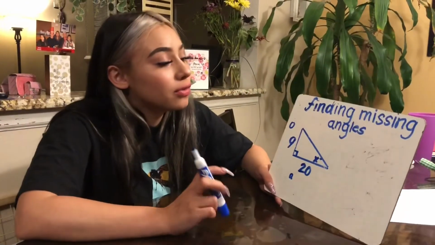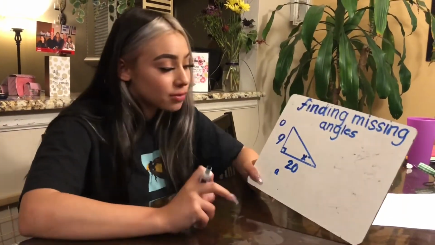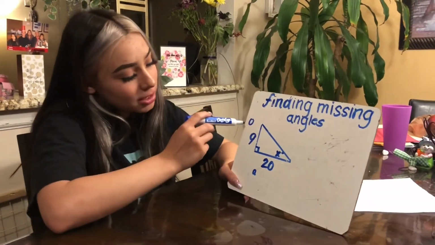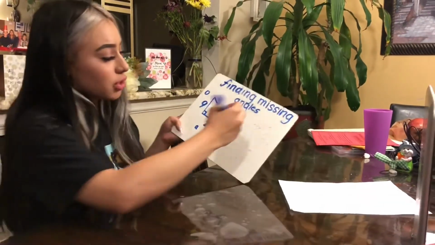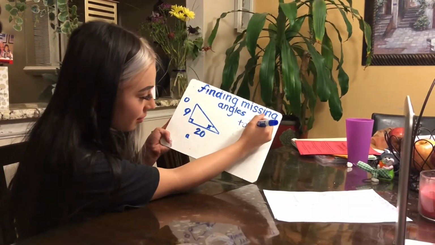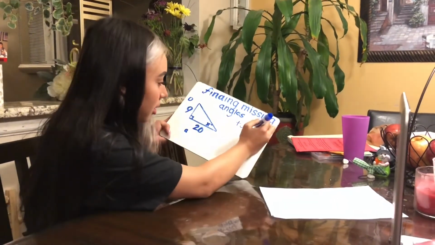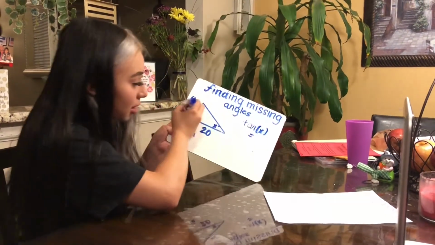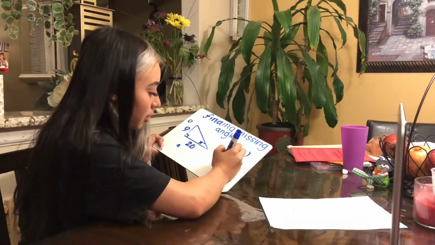Okay, so for finding the missing angles, you have to identify the sides. I identified mine as opposite and adjacent, so we're going to be using the function tangent. x equals 9 over 20, so I'm dividing 9 over 20.